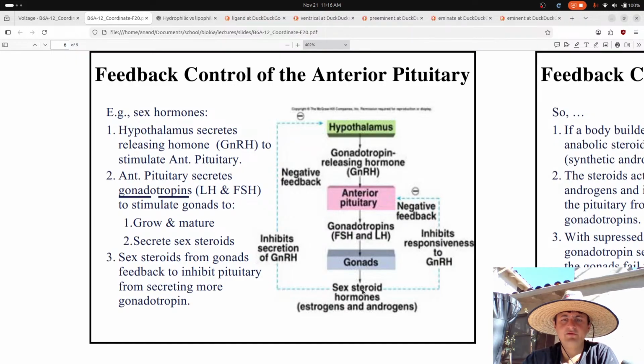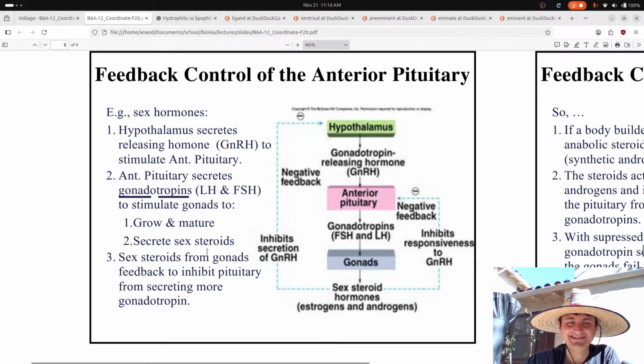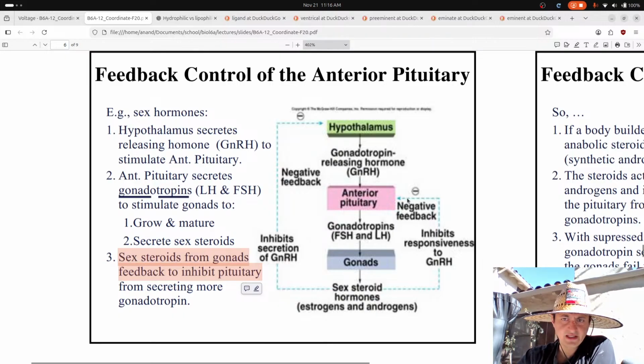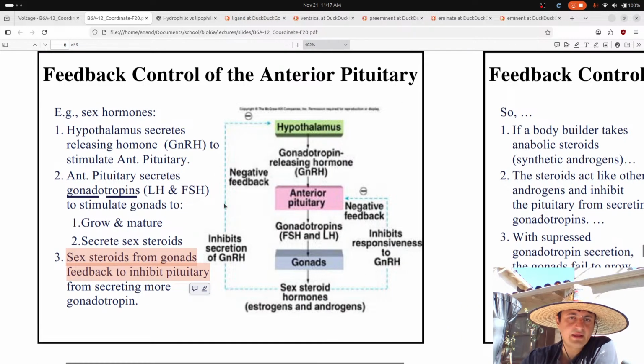Dude, I wonder what would happen if you just took like a bunch of that. Like, you'd probably freak out. Sex steroids from gonads feed back to inhibit the anterior pituitary from secreting more gonadotropin. But also, it inhibits the hypothalamus. Okay. So there's a double thing. All right.